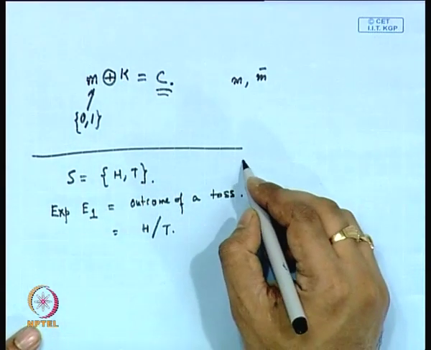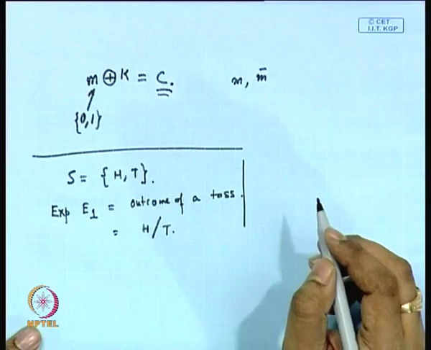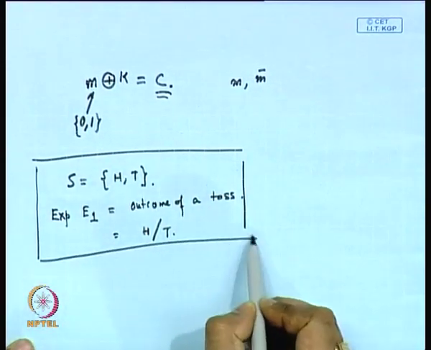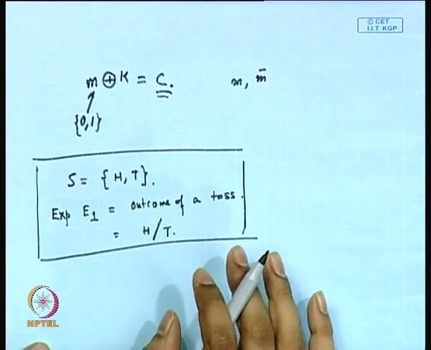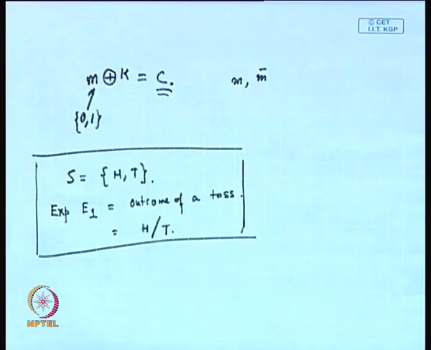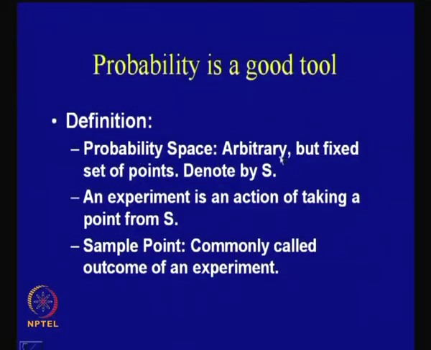Similarly, you can make this example a little more complicated, but for this simple example, I think we can understand the concepts quite well. So if I make it a little more general, it looks like this.